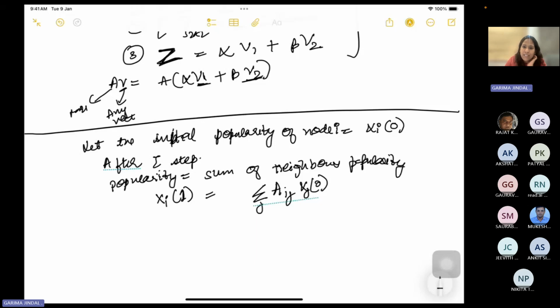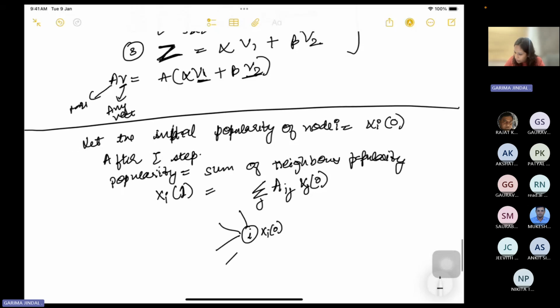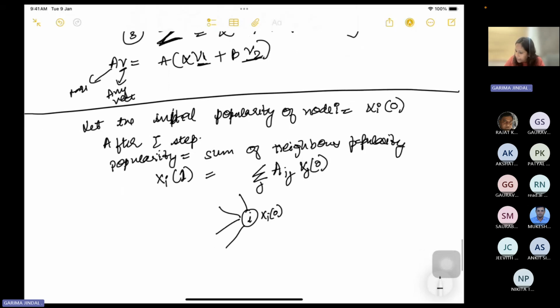So what does this formula represent? These Aij will give me all the neighbors of node xi. Suppose this was my node i, and its initial cost was xi0, and these are all the neighbors, represented by Aij.